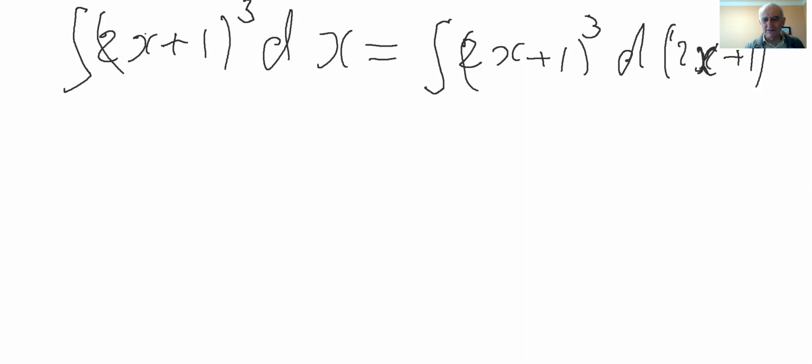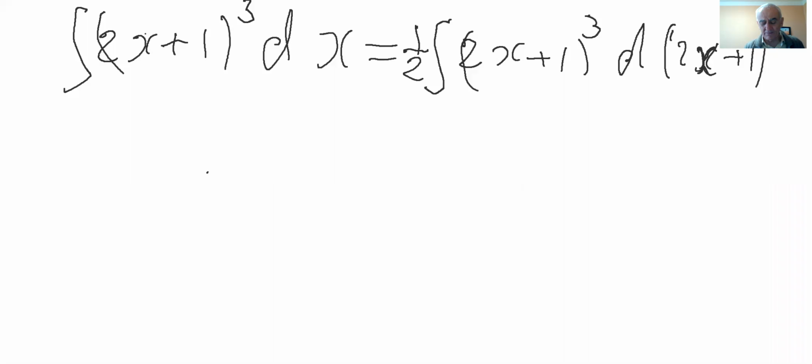We need to divide by 2. Or I can write down here 1 over 2. Now, if I check, I should find the derivative of 2x plus 1.